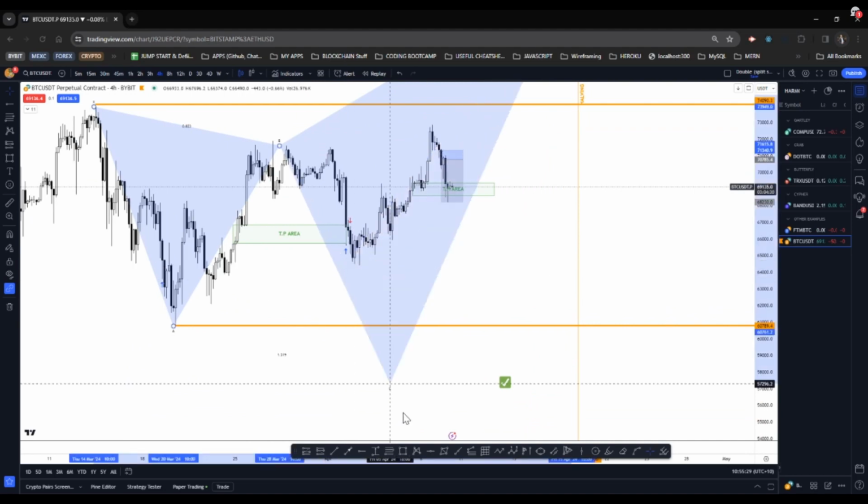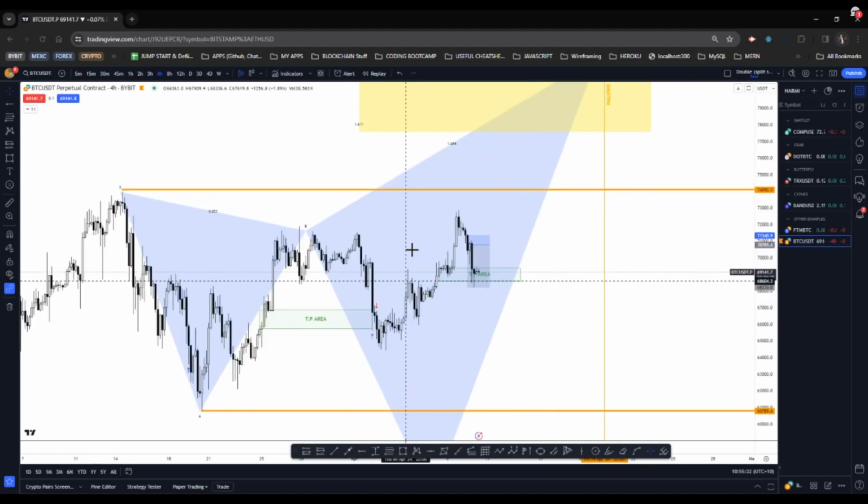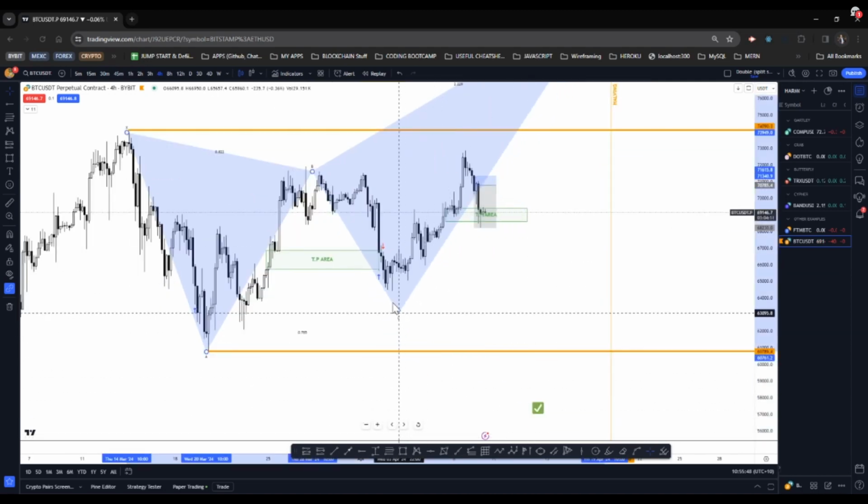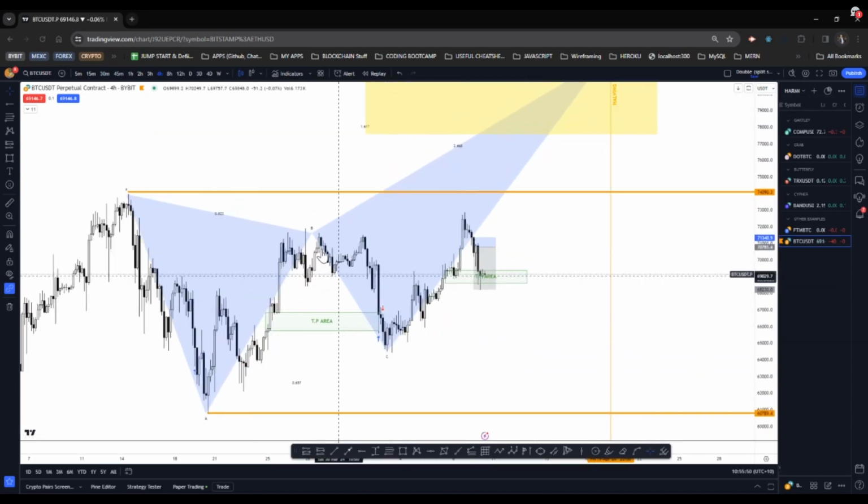If for whatever reason this was to happen, it's nothing, because it went too high to be considered a Cypher. If you remember the Cypher, it's between the 50% and 618 or 786 max touch, but this went as high as 823. So this wouldn't be a valid one, but this is definitely valid.